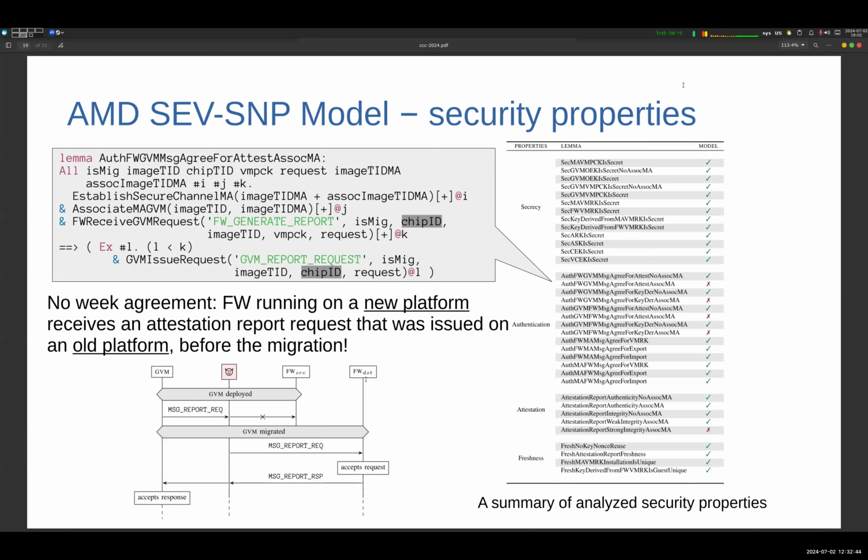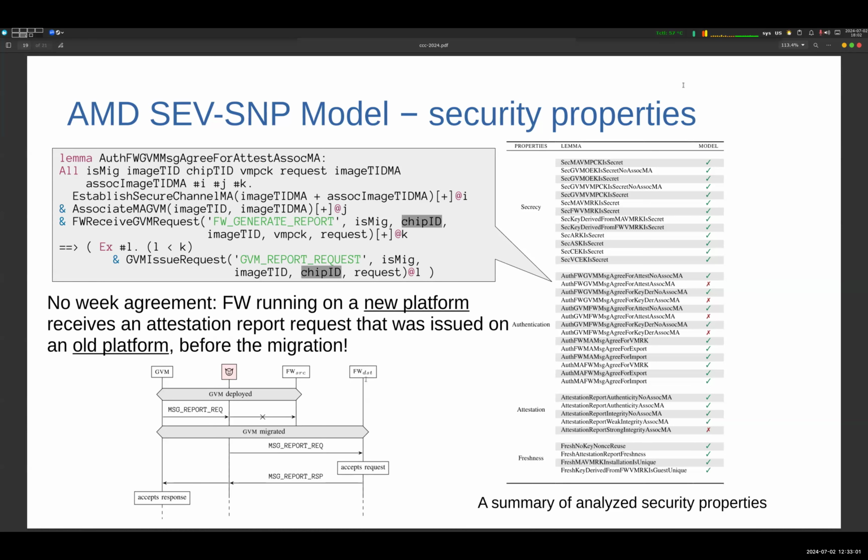So if VMPCK was different, then you would have to do things differently. You would have to account for the fact that sometimes you would send a request, and because you're migrated, you're not going to get a report that you can decrypt, and somehow work around that.